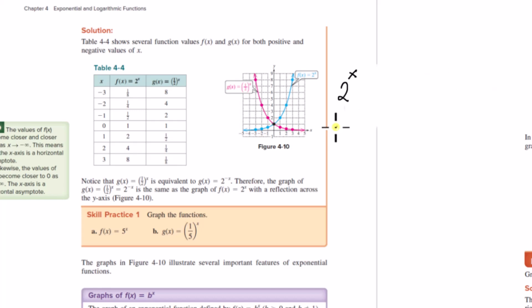Now, what about 1/2 to the power x? Okay, when x is equal to 0, the function equals 1. Now, in this case, as x increases in the positive direction, you're multiplying 1/2 by itself more and more and more times. That means that the function is decaying towards 0. The more you multiply a fraction by itself, the number is getting smaller and smaller and smaller.